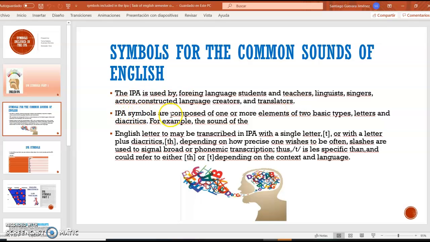IPA symbols are composed of one or more elements of two basic types, letters and diacritics.